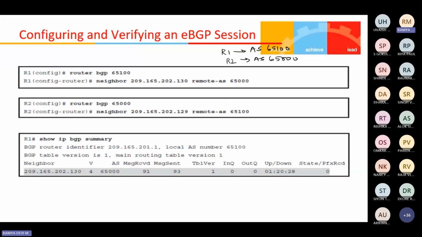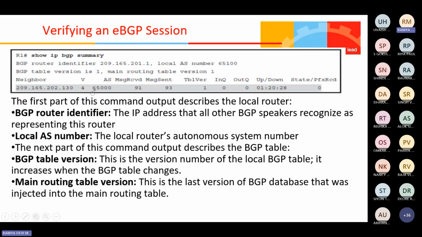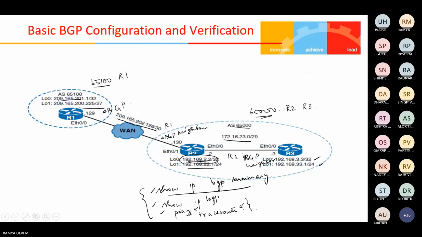On R1, the BGP process will be started with router bgp 65100. Then we need to provide the neighbor. Who is the neighbor? For that, we'll be using the neighbor command. So the neighbor R2 will be configured at the IP address here.